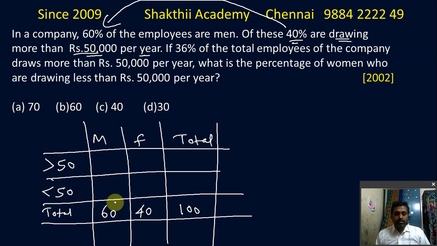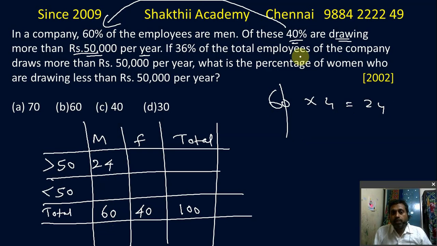So out of 60 people, 10% is 6. Then 40% means 4 times, which will be equal to 24. That means among the men, 40% getting a salary of more than 50,000 is equal to 24 people, 24 men.